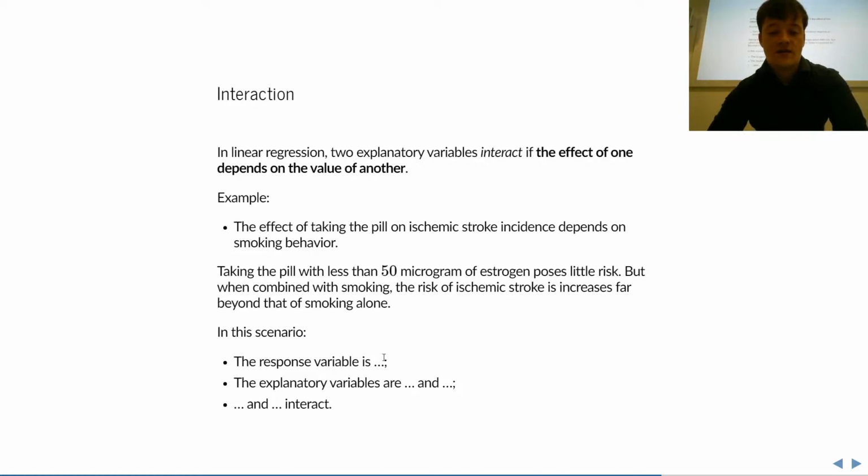Okay, quick check. What is the response variable in this scenario? Stroke incidence, which, by the way, is something we cannot model yet because it's not normally distributed, but we'll get to that tomorrow. What are the explanatory variables?